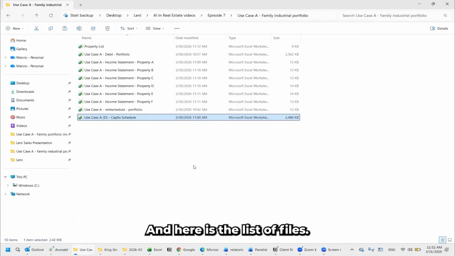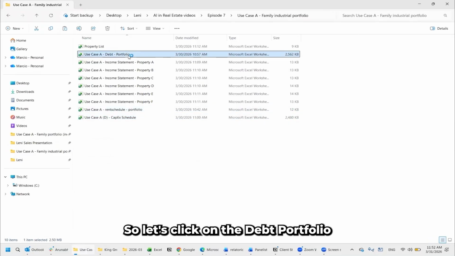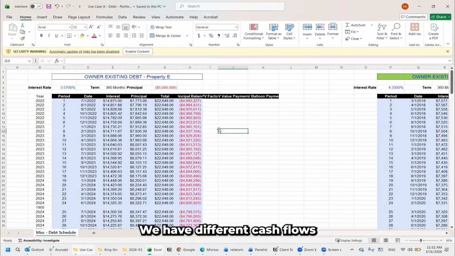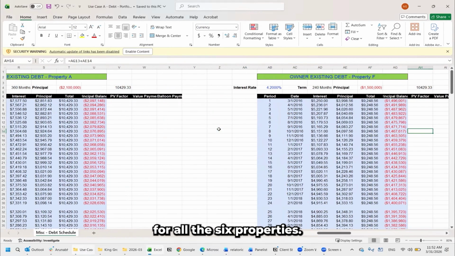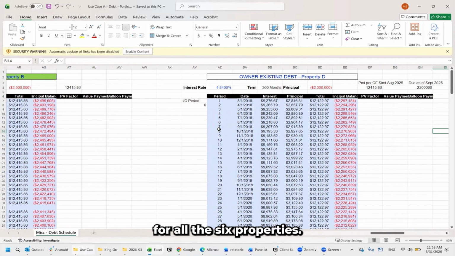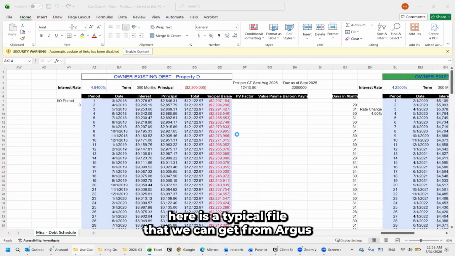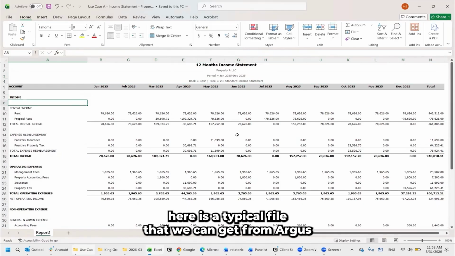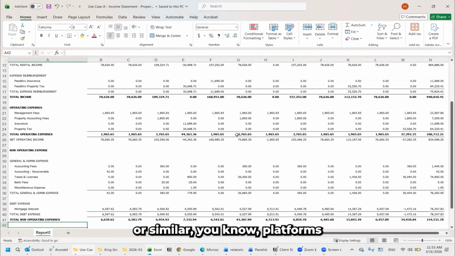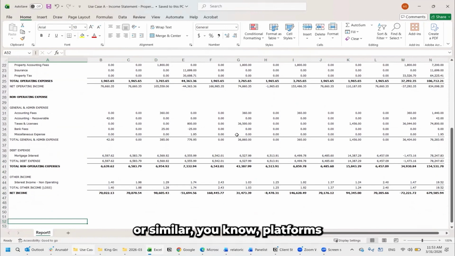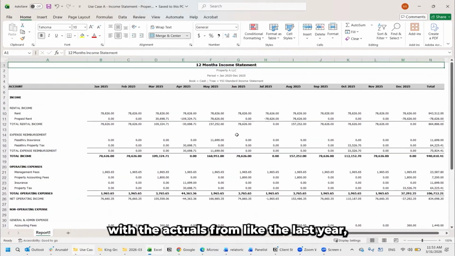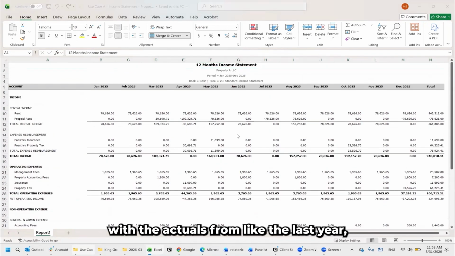And here's the list of files. Let's click on the debt portfolio. We have different cash flows for all the 6 properties. As an income statement example, here's a typical file we can get from Argus or similar platforms with the actuals from like the last year.